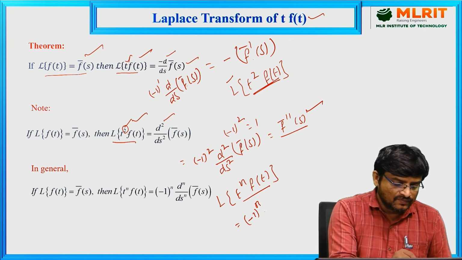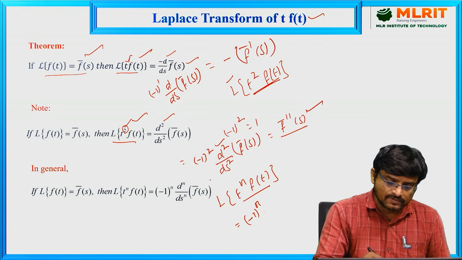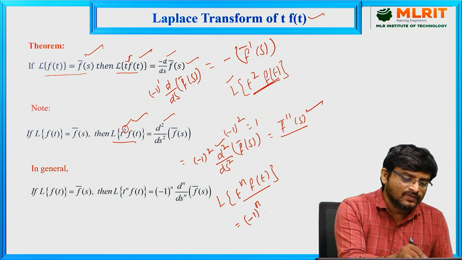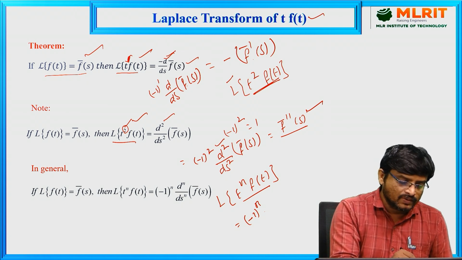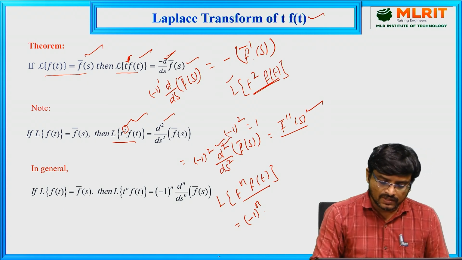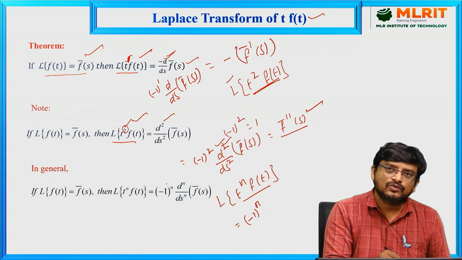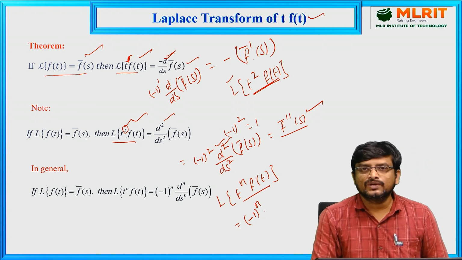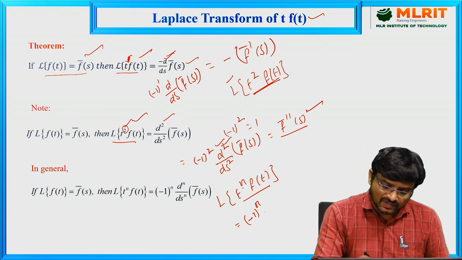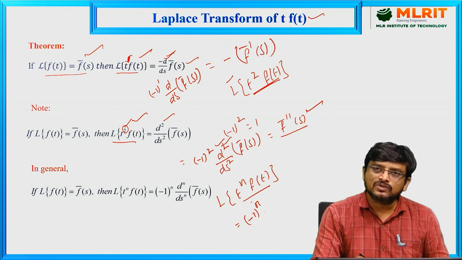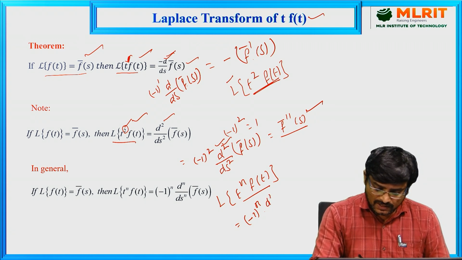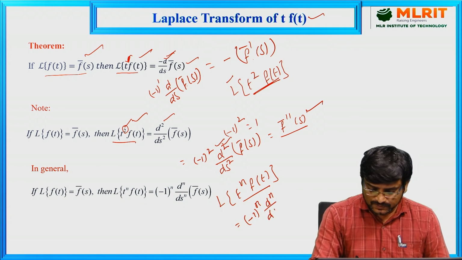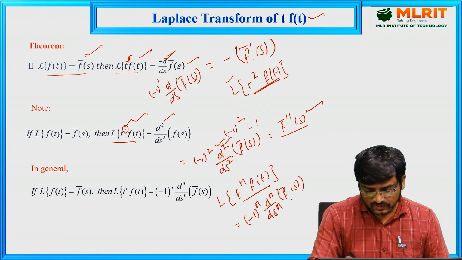Here the power of t is 2, so we applied the derivative 2 times. When the power of t is 1, we applied the derivative 1 time. If we get t cube, we have to apply the derivative 3 times. But here the power of t is n, so we have to apply the derivative n times for f bar of s, that is d power n by ds power n of f bar of s.